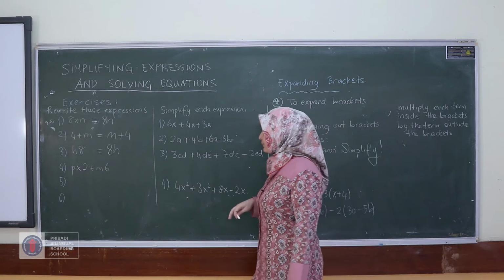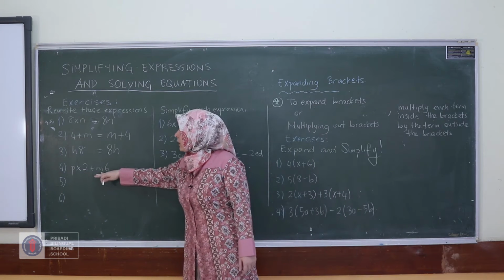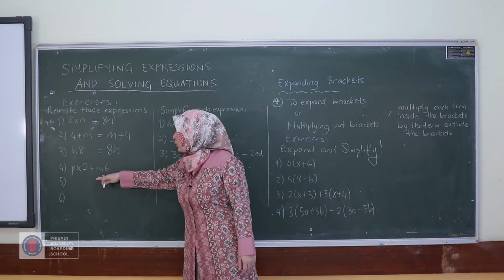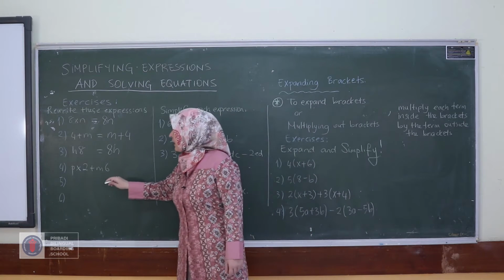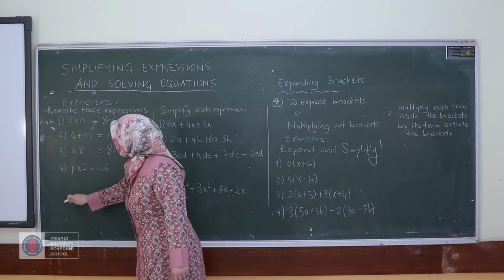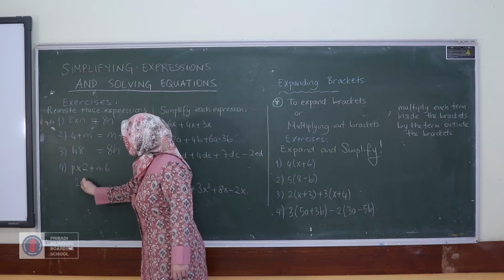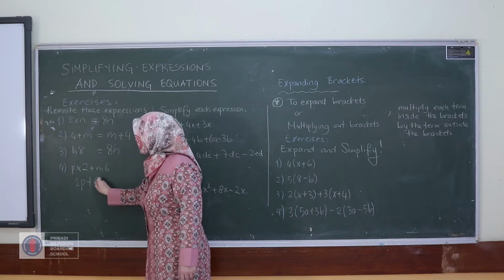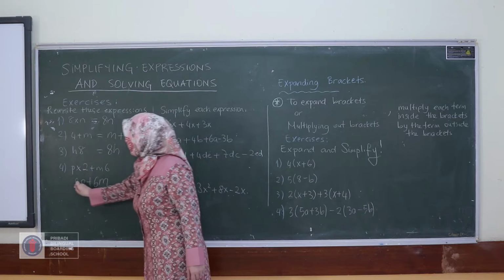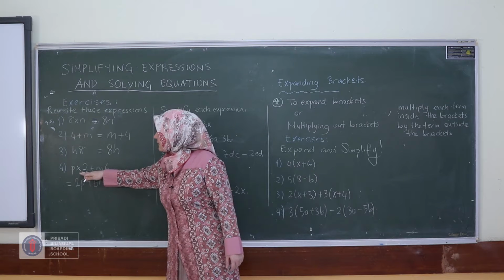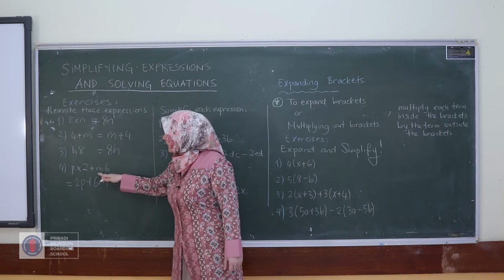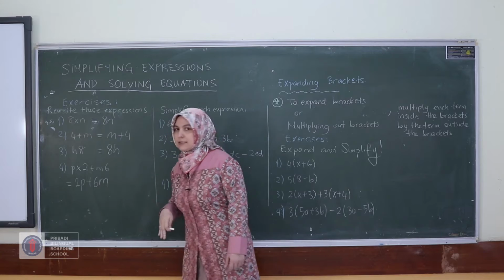And the next one, p times 2 plus m6. How can we write this one? We can write this as 2p plus 6m. P times 2, we can write as 2p, and m6 we write as 6m.